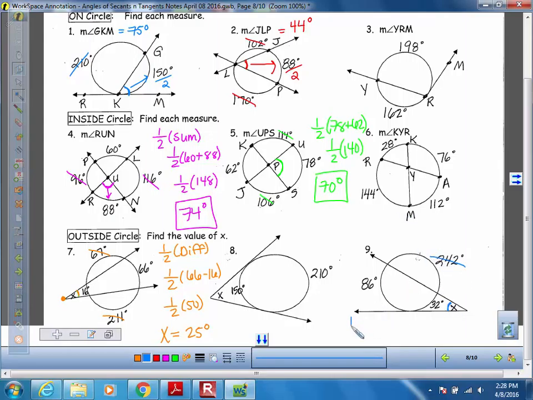So we would do 1/2 of 86 minus 32. That would be 1/2 of 54. And half of 54 gives us 27 degrees.